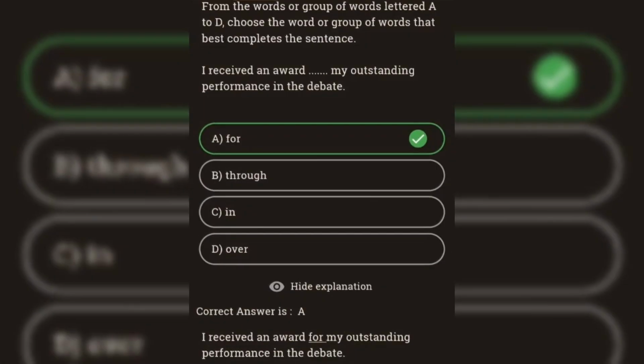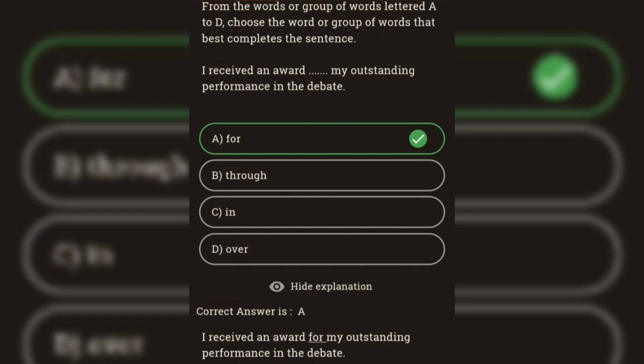Another example, I received an award for my outstanding performance in the debate. Not I received an award through, in, or over. No. The answer is for.